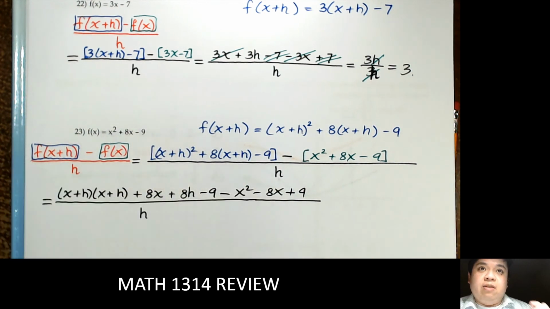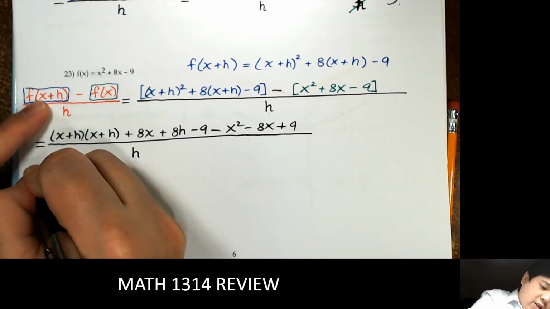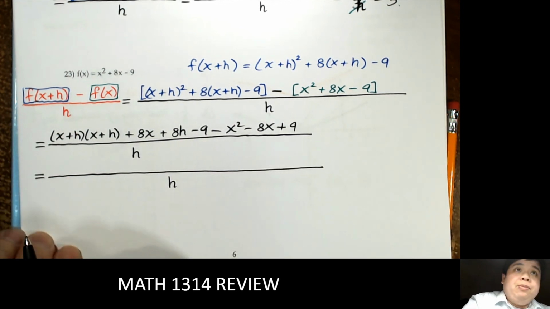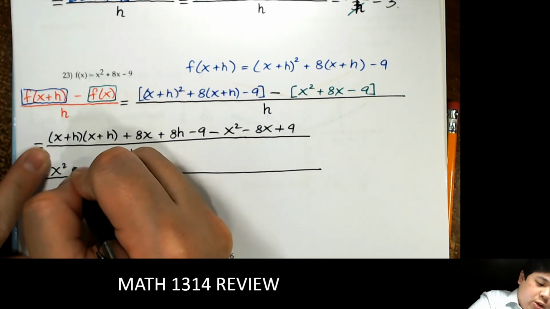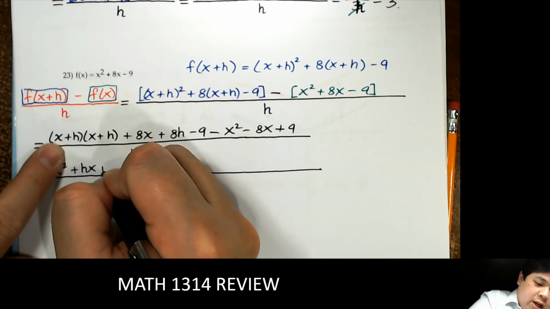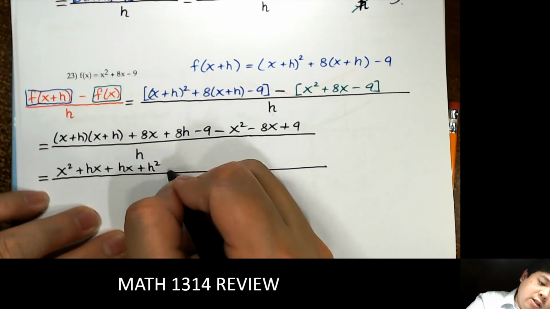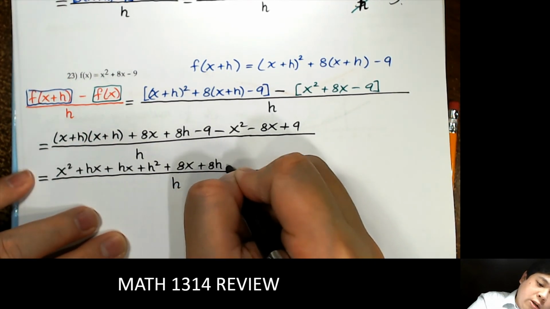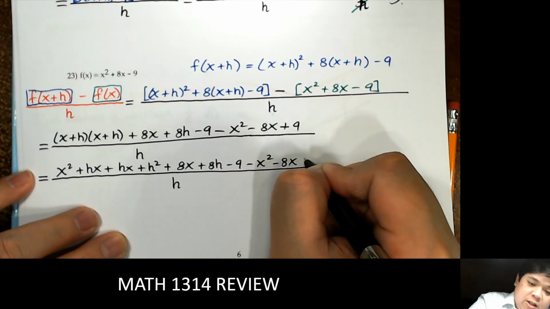The ax and negative ax cancel. But we'll do that in the next step. Here we're just multiplying it out. x times x, x squared, x times h. So we have hx, hx, and then h squared, ax, ah minus 9 minus x squared minus ax plus 9.